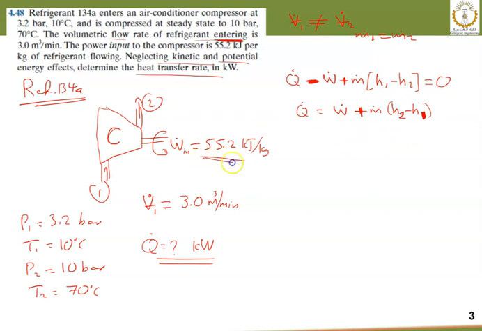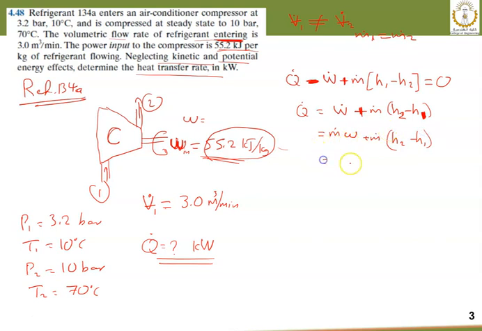Now we already have W dot, but this is in kilojoule per kilogram, so this is actually the specific work, per kilogram. So this will equal m dot times omega, which is this one, plus m dot H2 minus H1.